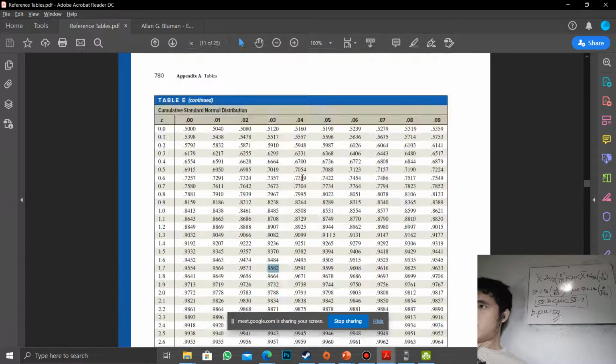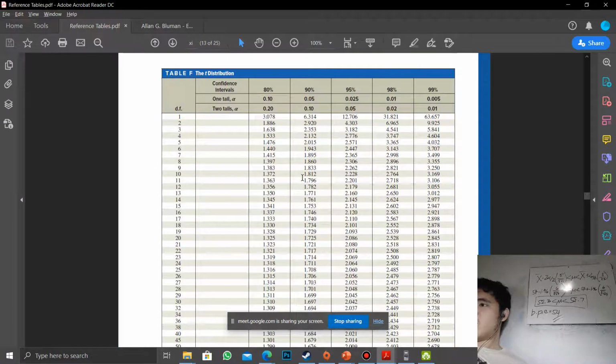Ngayon, let's look at the T distribution, no? Kapag unknown yung sigma, you use T distribution, no?